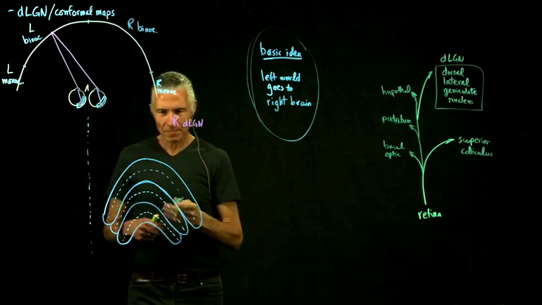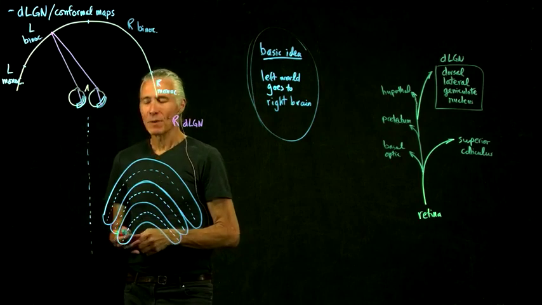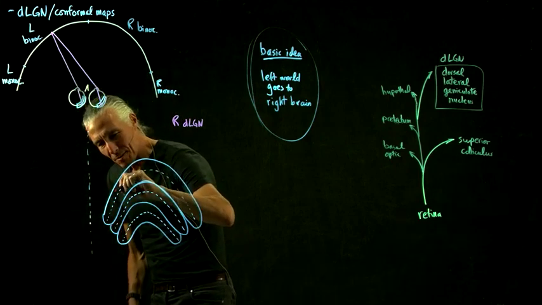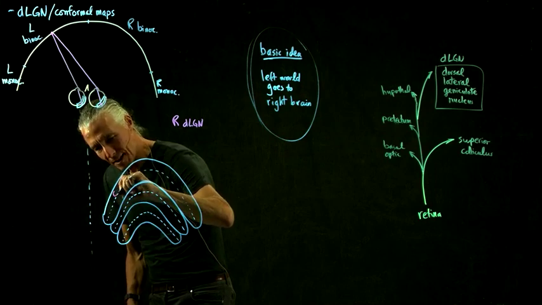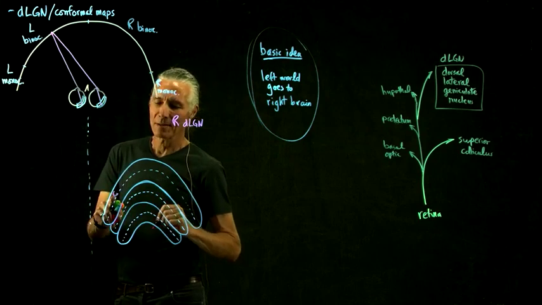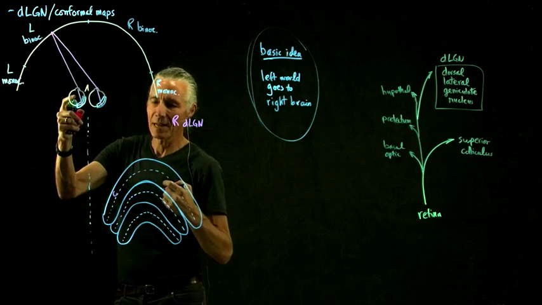And so it's got these very thick layers, and if you look at what the projections are, you don't have to remember this, but we'll just write it down. So the top layer here gets input from contralateral, meaning the right dorsolateral geniculate gets input from the left eye.